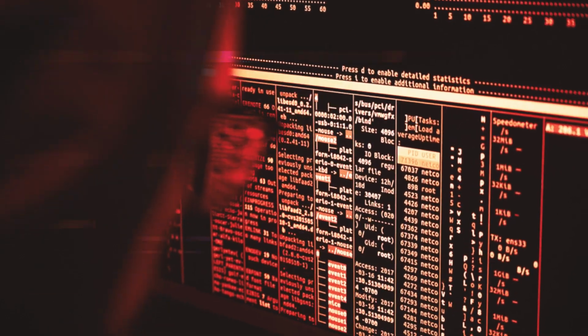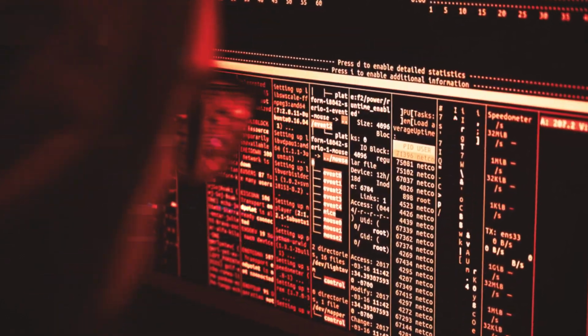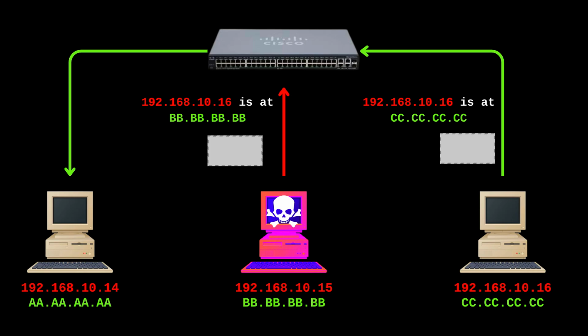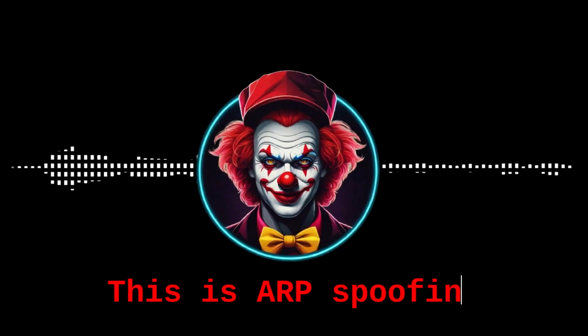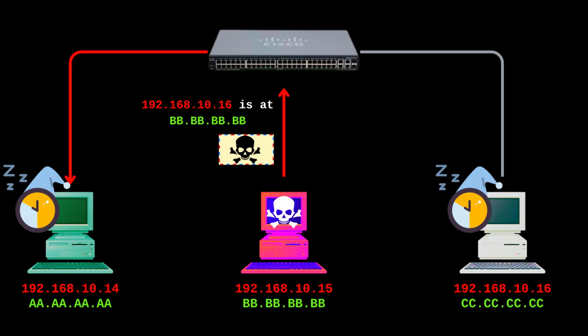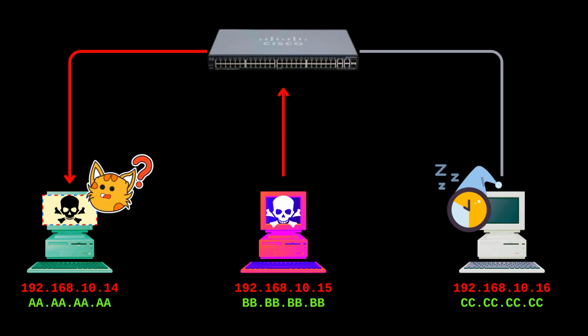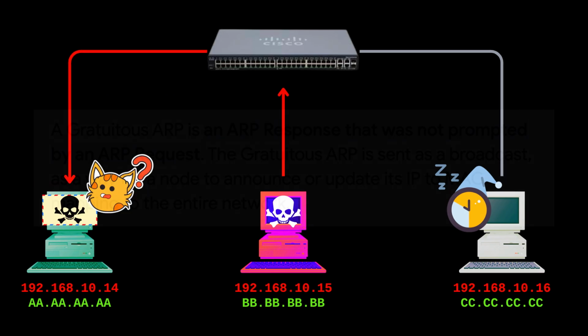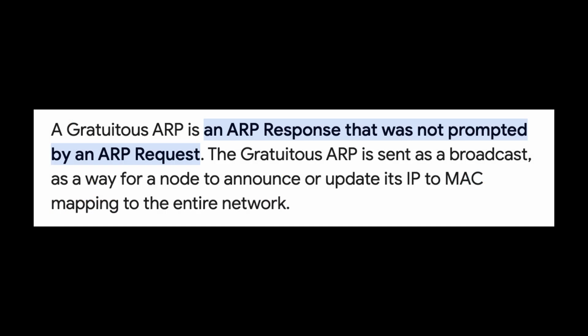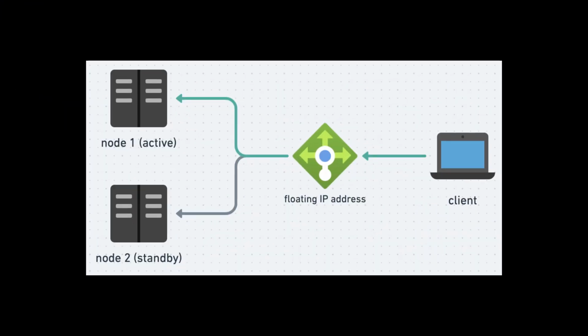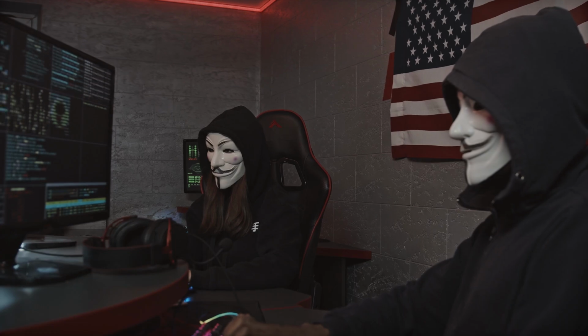But what if a non-legitimate device intervenes in the normal ARP communication and decides to respond to the ARP request? This is ARP spoofing. Rather than waiting for an ARP request, an attacker intentionally sends out an ARP reply targeting the victim device. This is also called gratuitous ARP, which is a common technique used to provide high availability to network devices, but can be used for malicious purposes as well.